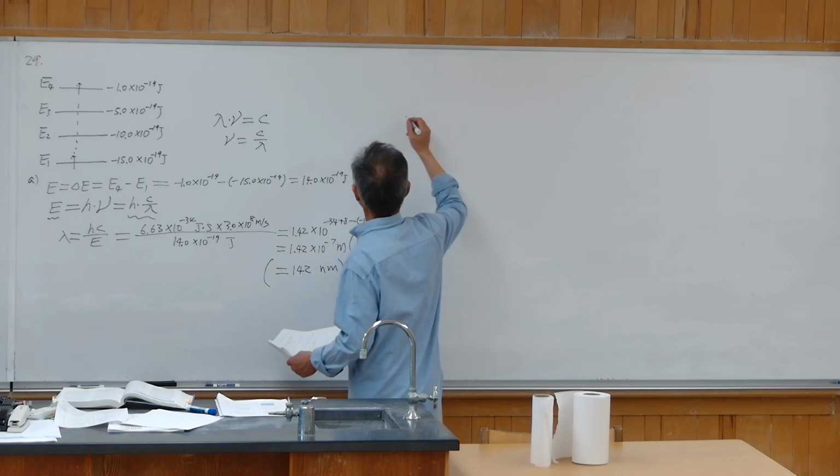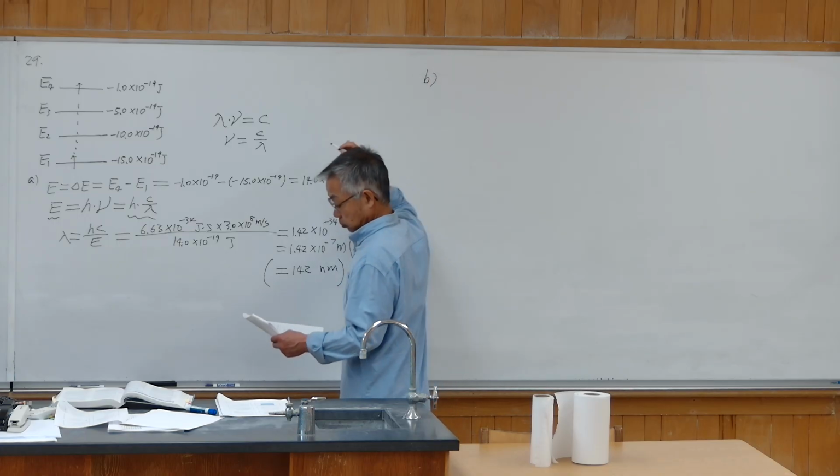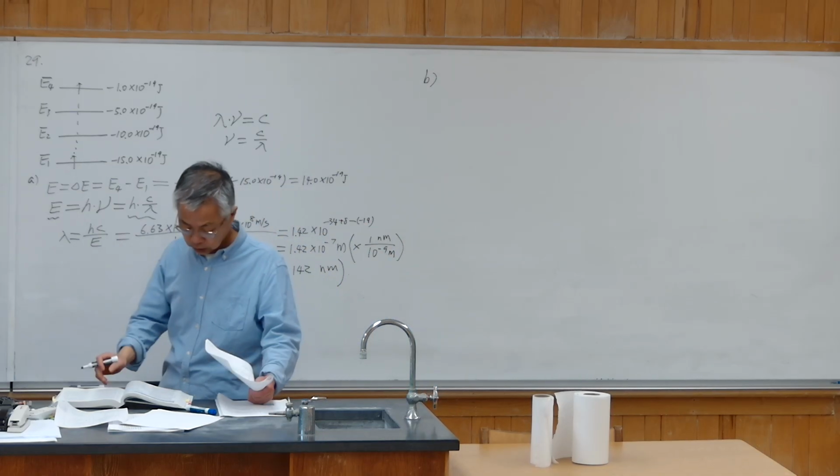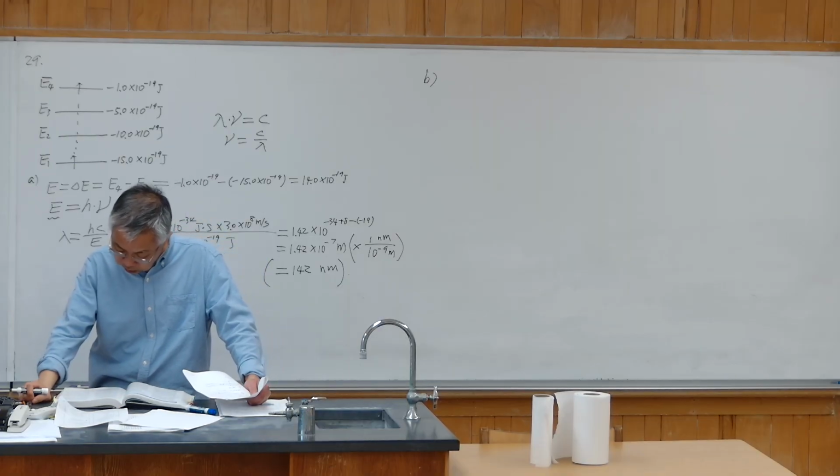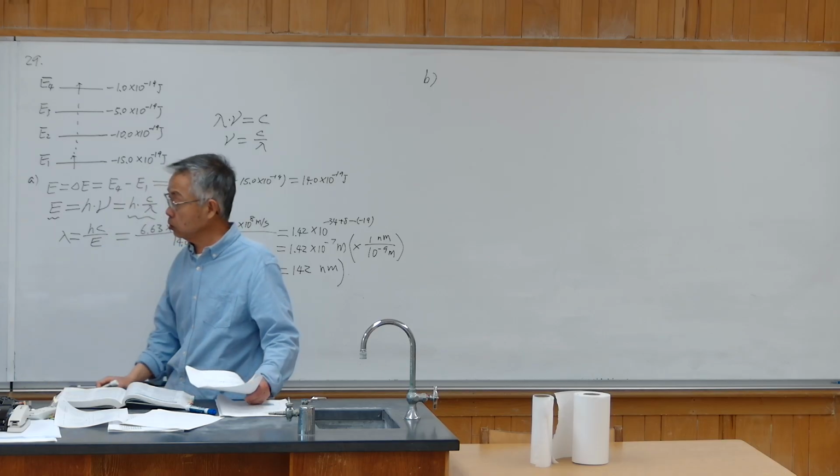Then B. It asks you what is the energy in joule a photon must have in order to excite an electron from E2 to E3.